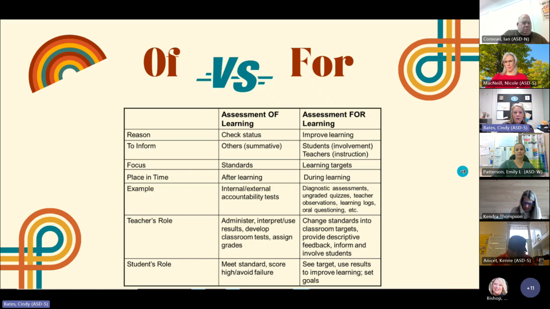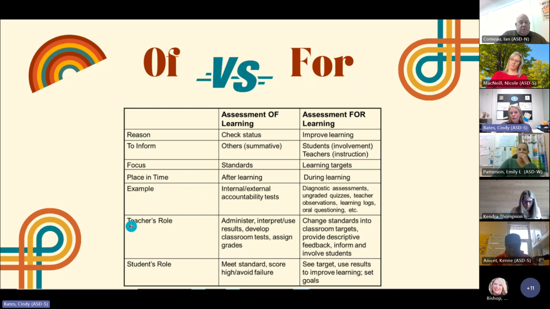So as you can see, assessment of learning is only after, and formative says during, but actually before as well, because even some of our screeners and our pre-learning, it's good to know where students are before we get started, because again, that informs our instruction as well, and it helps us decide where we're going to go with that.